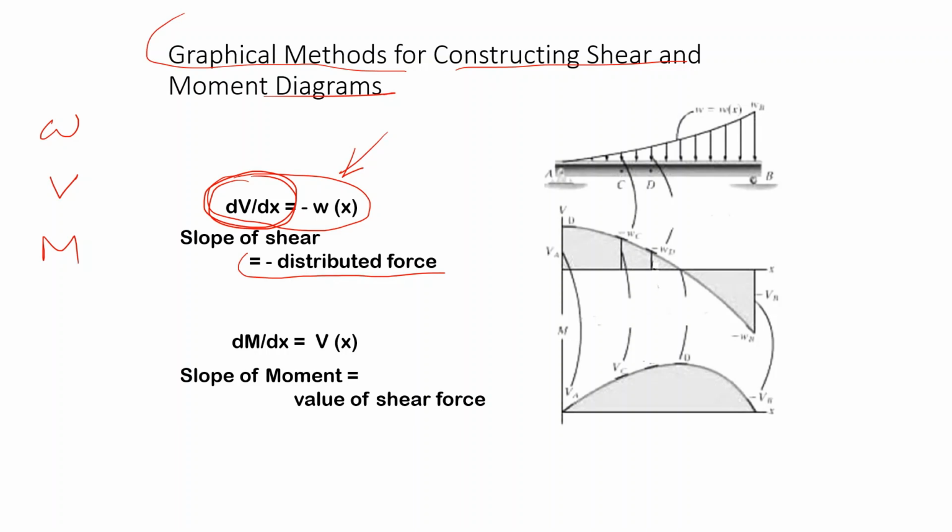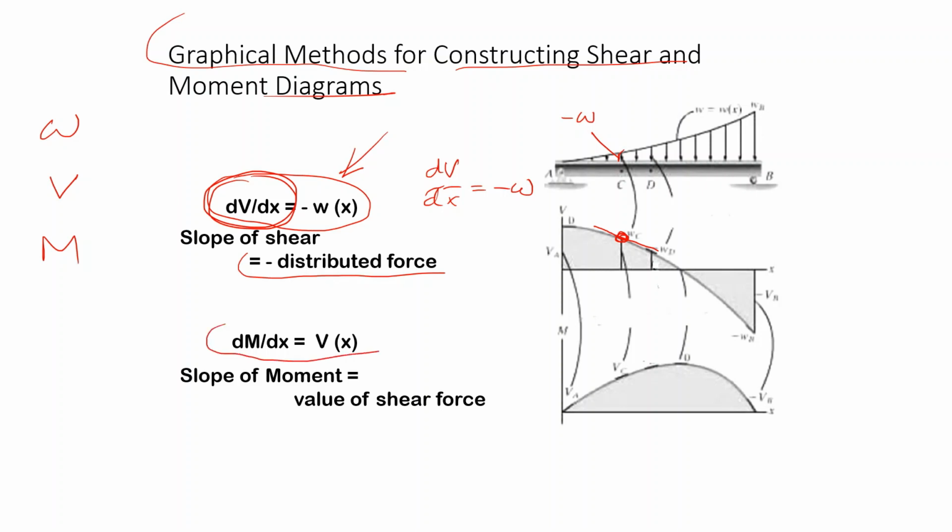Let's take a point on the shear force diagram, and the slope at this point is equal to the negative of the distributed force. dV over dx is equal to minus W.